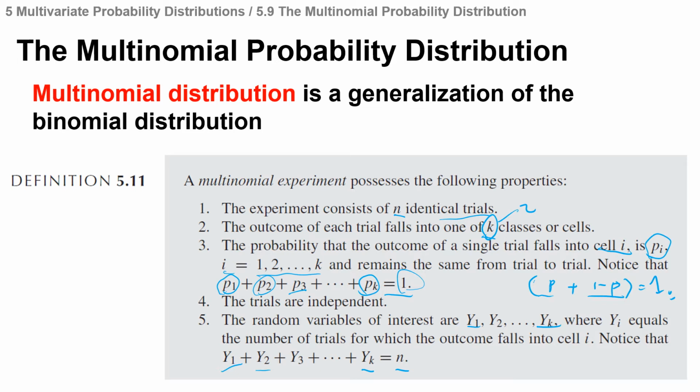So in the multinomial probability distribution, we have k random variables, and since we have n identical trials, the sum of y_1 to y_k equals n. Okay, so this is the description of the multinomial distribution.